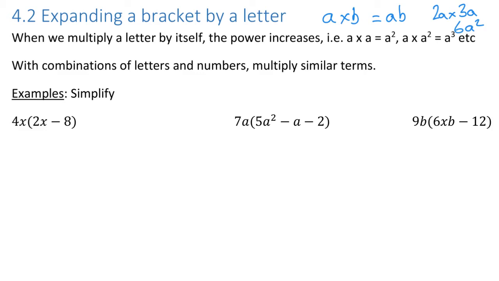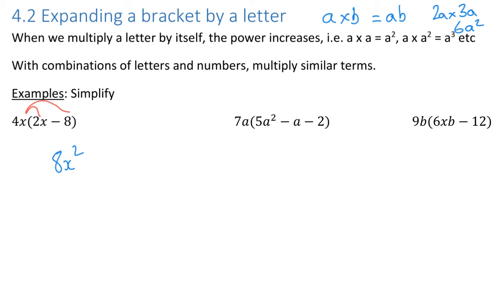Just in the same way that we had done previously, we need to expand out the brackets, and part of our working out is really showing these lines. So we're multiplying 4x by 2x and 4x by minus 8. So do the numbers first of all. 4 times 2 is 8, and then x times x is x squared.